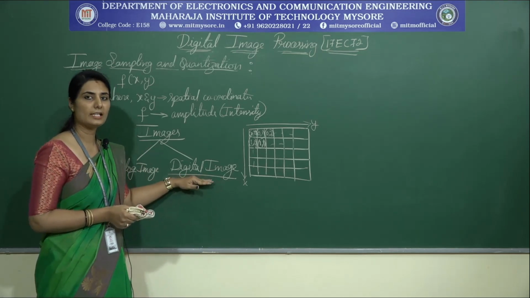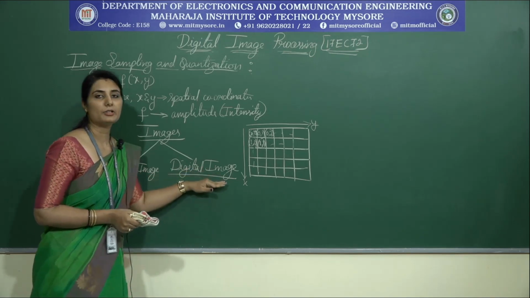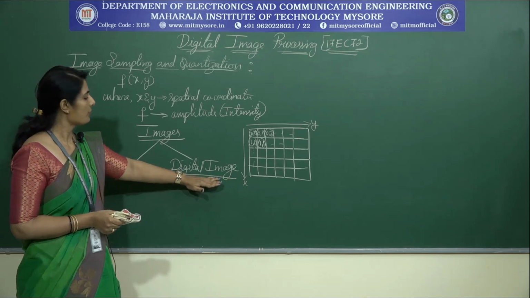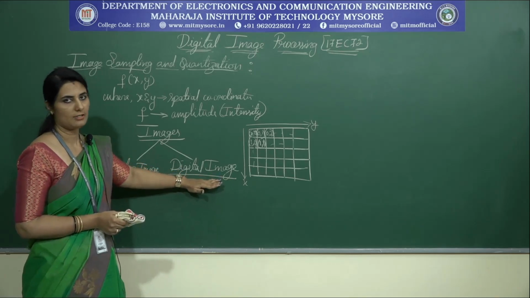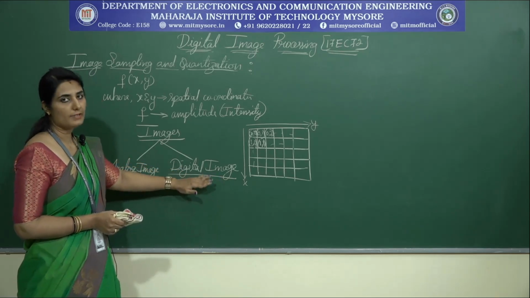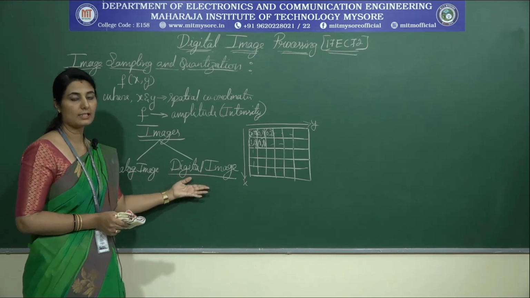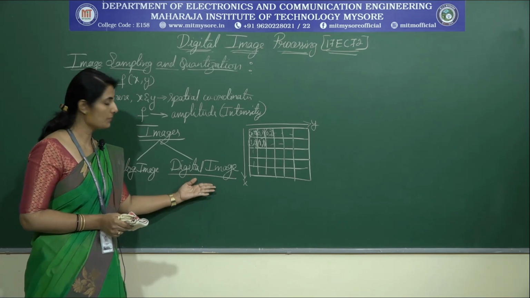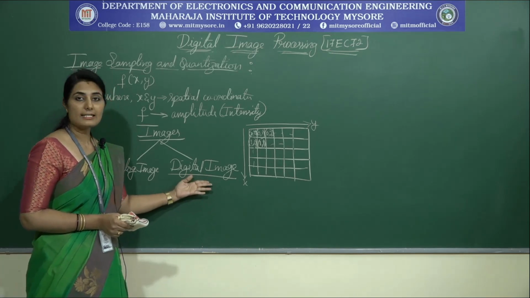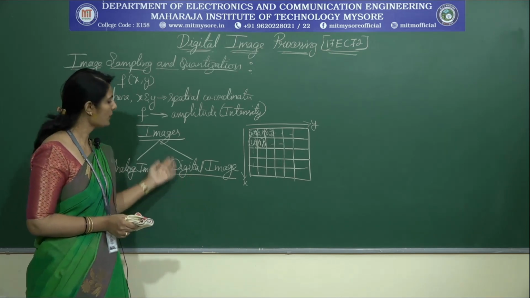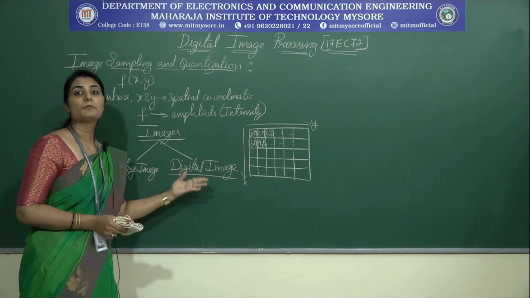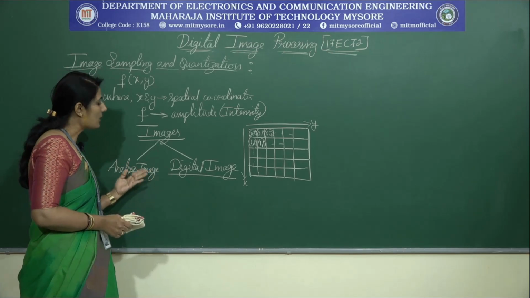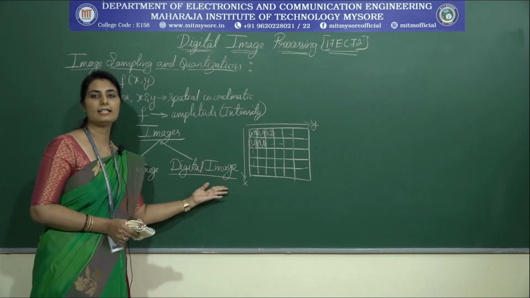To process an image, it should be converted into digital form. Digital images are very easy to process. Some advantages of digital images are fast processing, cost effectiveness, effective storage, efficient transmission, and ease of human interpretation. So we go for processing of digital images rather than analog images, and we need to convert analog images into digital images.